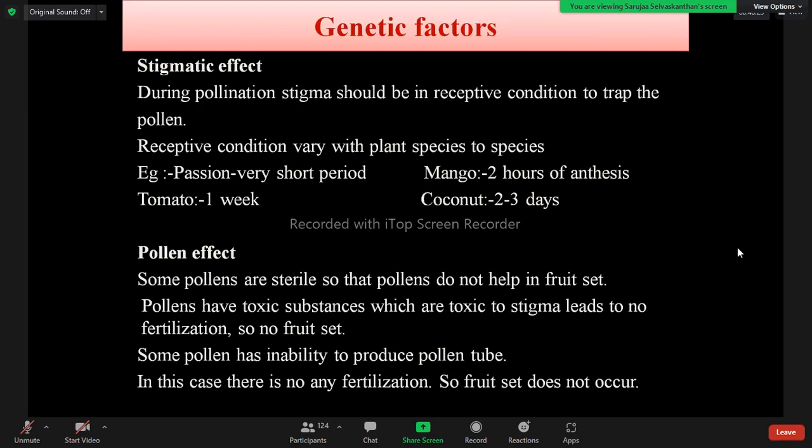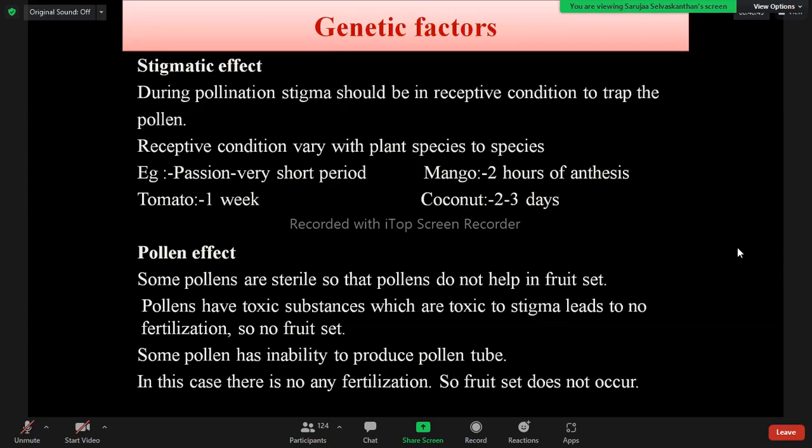Some pollen has an inability to produce a pollen tube. Pollination may take place, but if the pollen does not produce a pollen tube, there is no chance for fertilization, so fruit set does not occur.